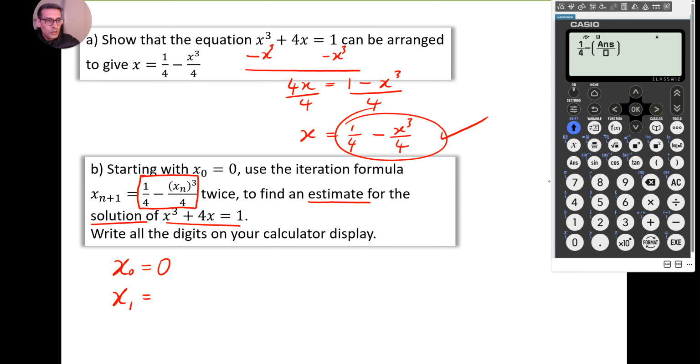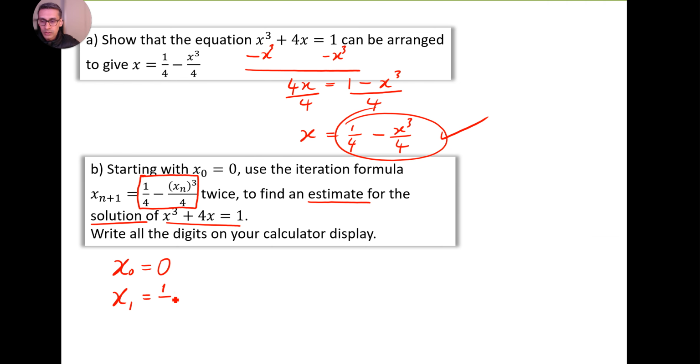We're going to cube the answer over 4. So the first term is going to be a quarter as we would expect, because it's 1 quarter take away 0 divided by 4, which is just 0, so that's a quarter.